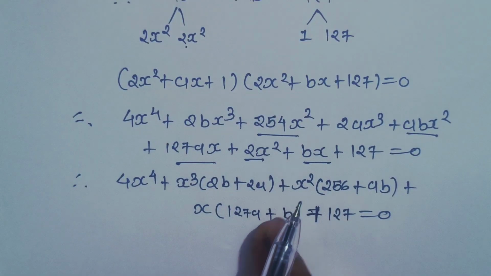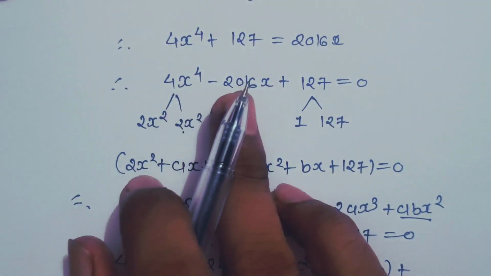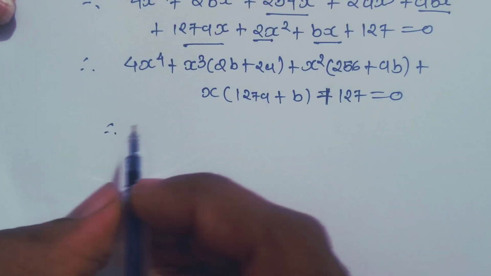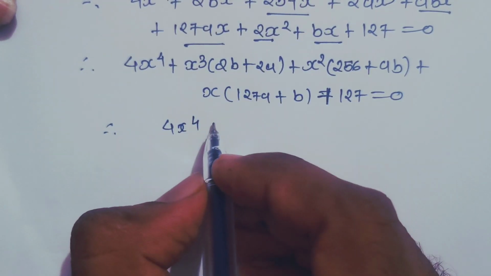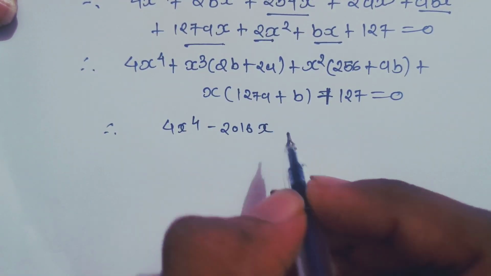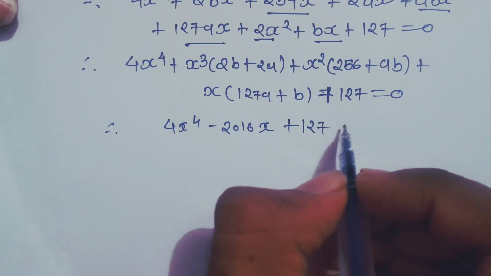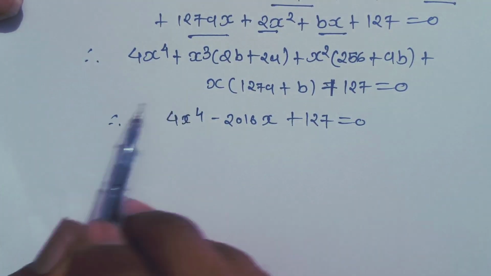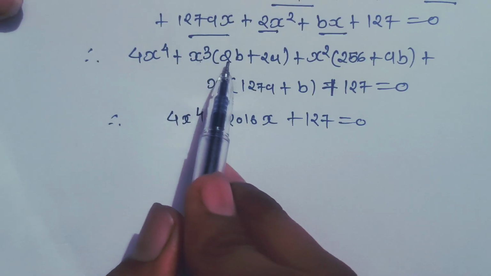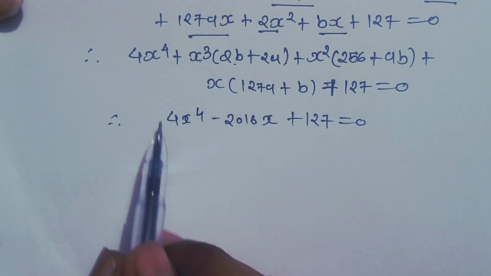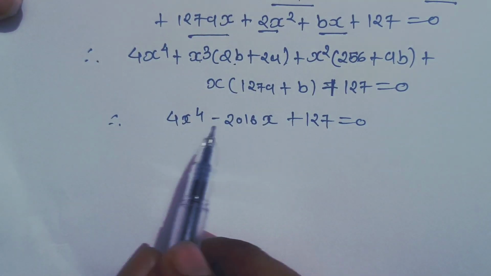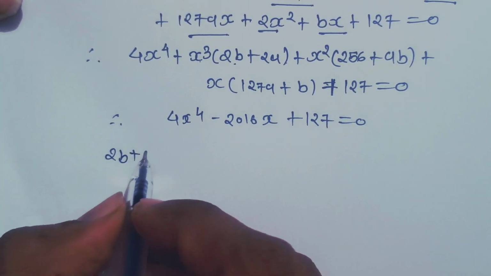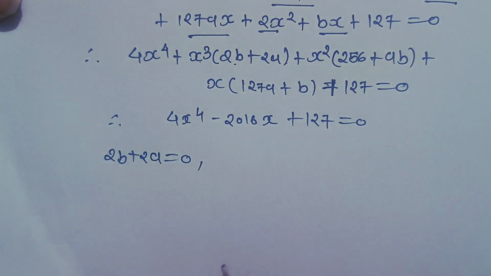Now compare this equation with 4x raised to 4 minus 2016x plus 127 equal to 0. Here 4x raised to 4 matches, this term is clear. Here the x cube coefficient is 2b plus 2a, but in the given equation x cube is not available, so the coefficient is 0, means 2b plus 2a equal to 0.